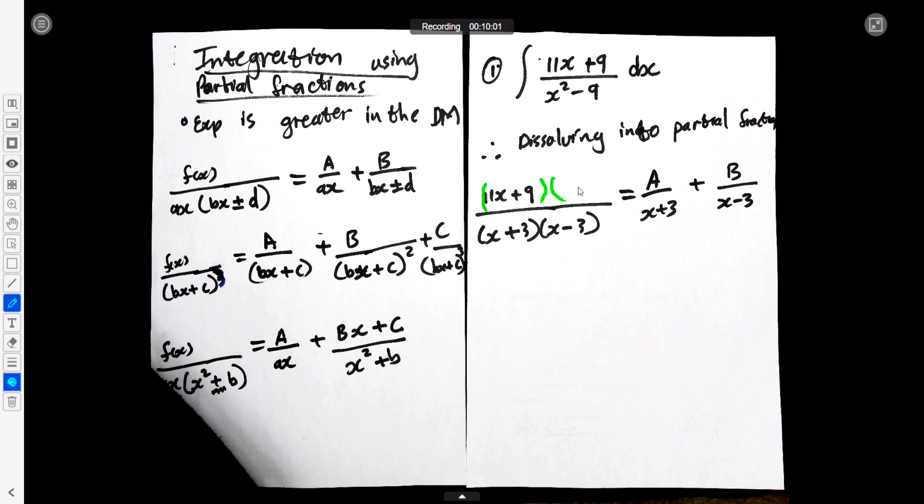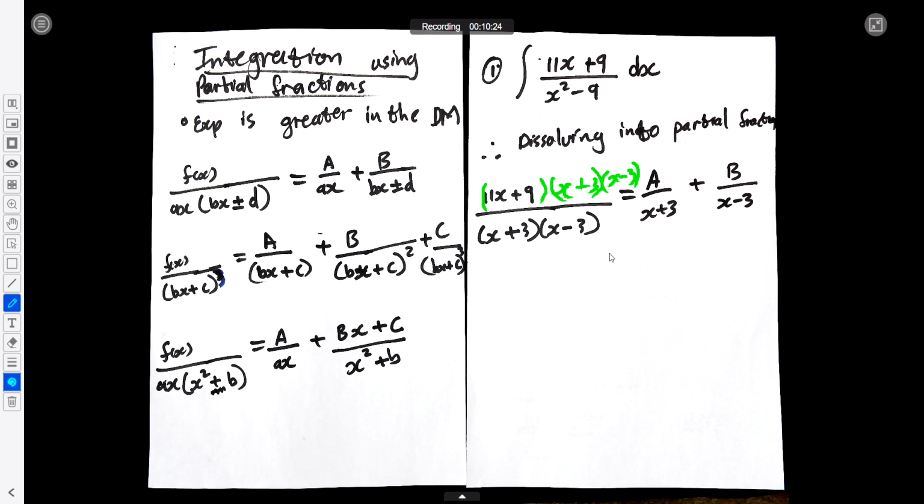I don't think there will be space there, so we'll be multiplying by (x + 3) and then by (x − 3). So even A will be multiplied by (x + 3)(x − 3).